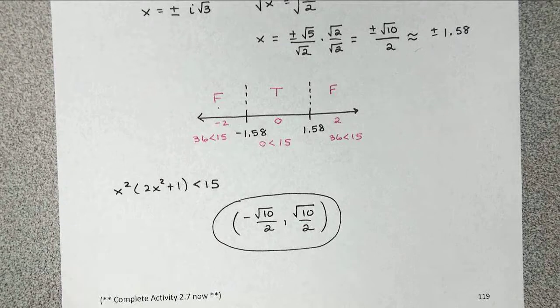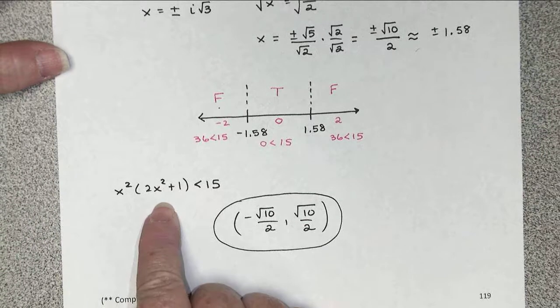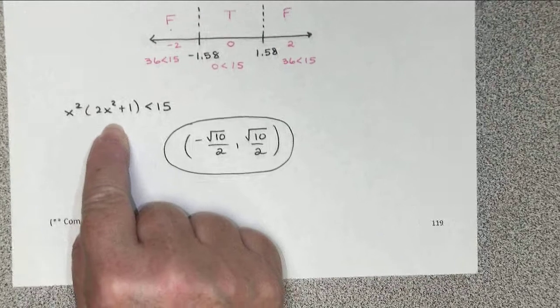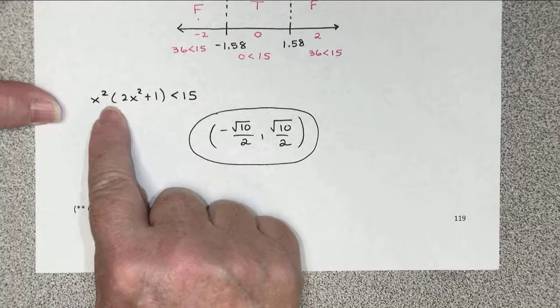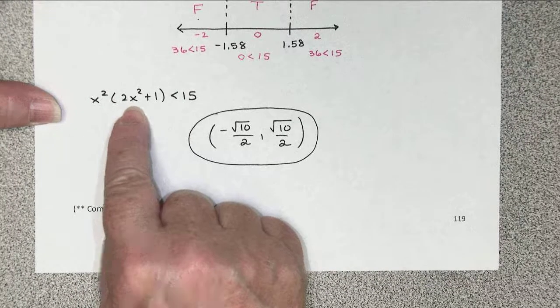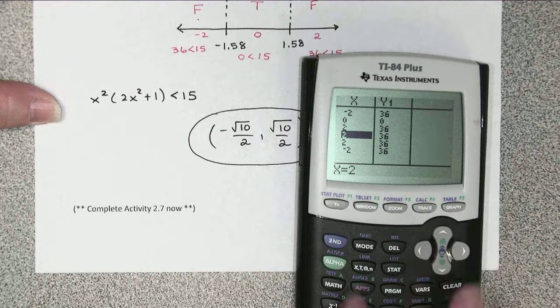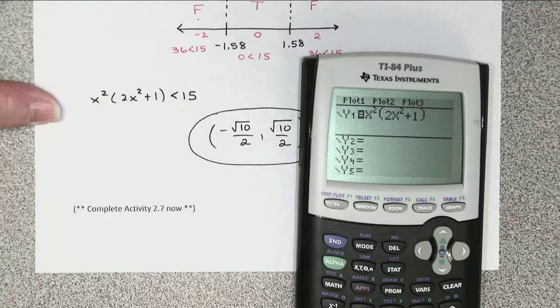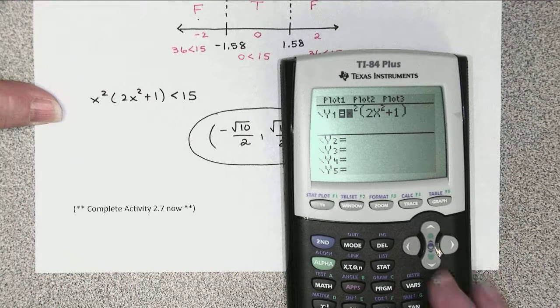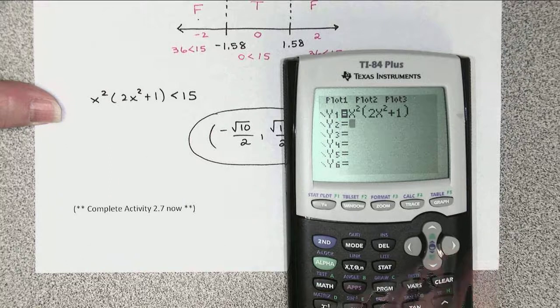One last thing here. It did say that we could check these with the graphing calculator, and I didn't do it in the last one, but let me go ahead and check this one. My original inequality is still sitting right here. I've already got this left-hand side in as my y1, so let's put in y2 as the other side, the 15.